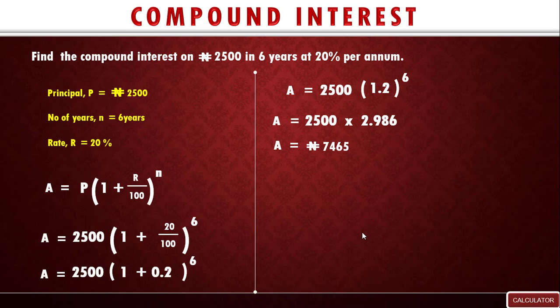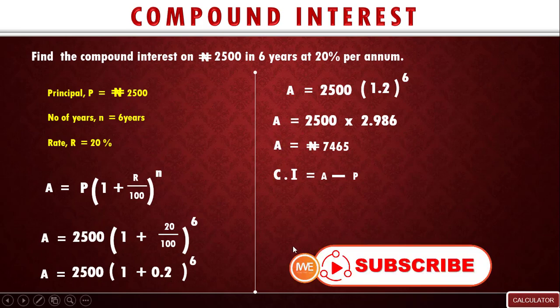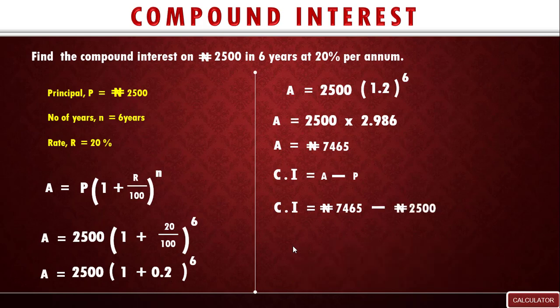If you remember, the formula for compound interest is amount minus principal. So A is the amount, P is the principal. So for us to get the value now, we need to remove the principal from the amount. So compound interest equals 7465 minus 2500.